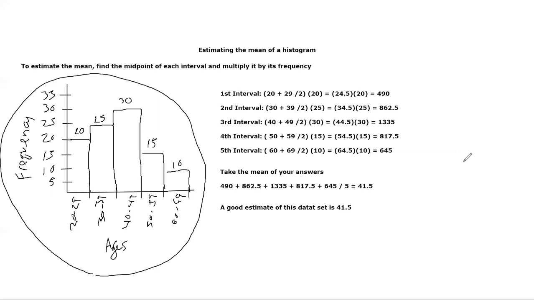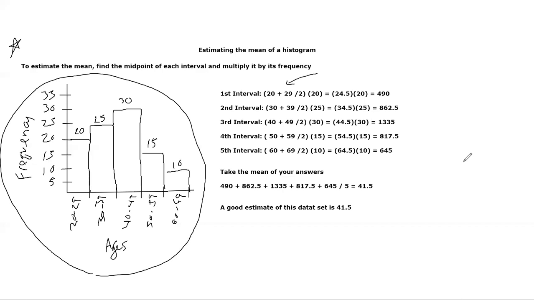So if you notice, the directions for doing this are right up here. To estimate the mean, find the midpoint of each interval and multiply it by its frequency. You might be thinking, what are you talking about? Midpoint? I don't get it. Well, I want you to look at this right here.